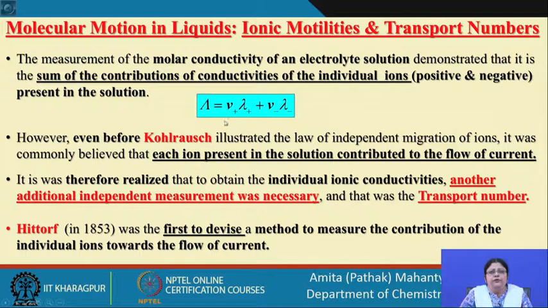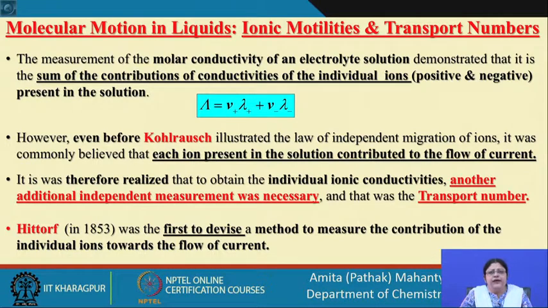And even before Kohlrausch's law was established to demonstrate the independent contributions of each of the ions, it was believed that each of the ions present in the solution has some contribution towards the flow of the current.